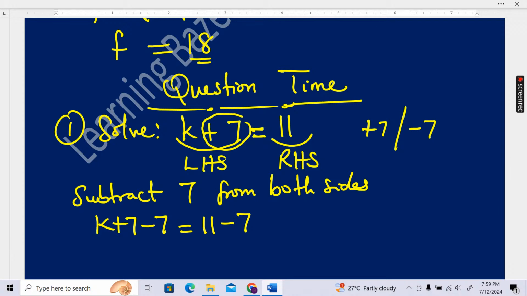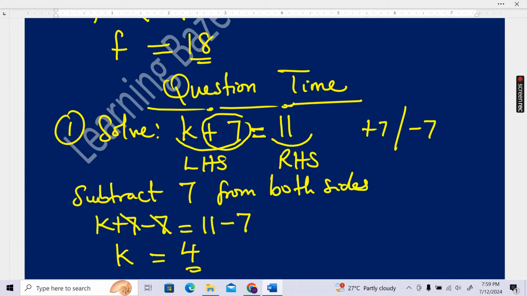Whatever you do to the left-hand side, you do the same thing to the right-hand side. So plus 7 minus 7 will give us 0. So we will be left with k equals 11 minus 7, that is 4. So the value of k is 4.